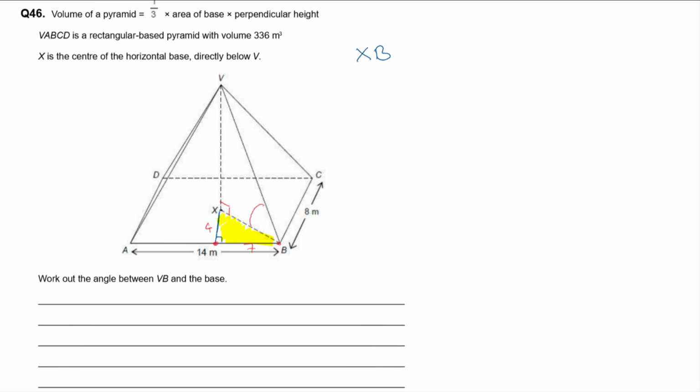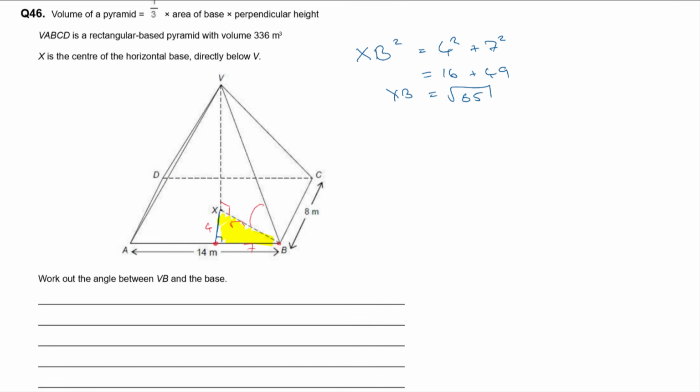XB squared is equal to 4 squared plus 7 squared using Pythagoras theorem. So that's 16 plus 49, which adds up to 65. So XB then is the root of 65. I'm just going to leave it as the root of 65 for now.